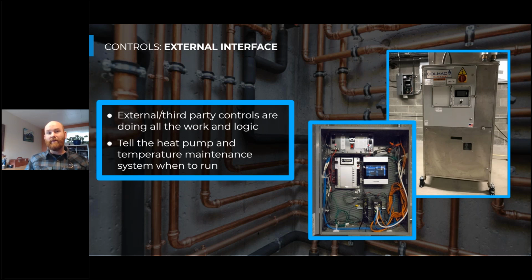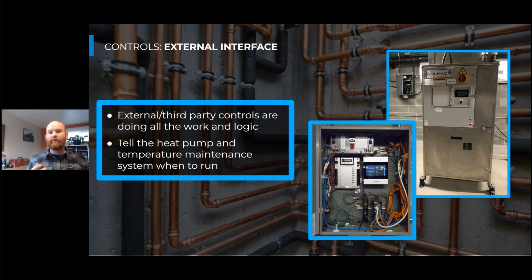But there are some great advantages here. We have one of these at a wastewater heat recovery system in Seattle, where we're taking heat out of wastewater from showers, from toilets. We have heat exchangers that are completely separating these two systems so that your domestic water is nowhere near the wastewater, but we're still capturing that energy from the wastewater.